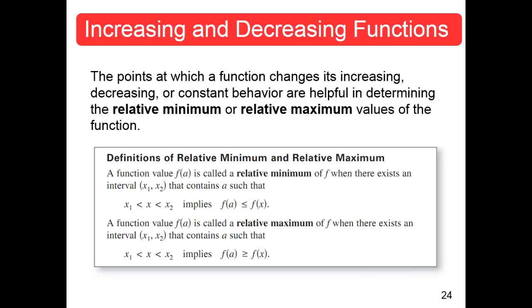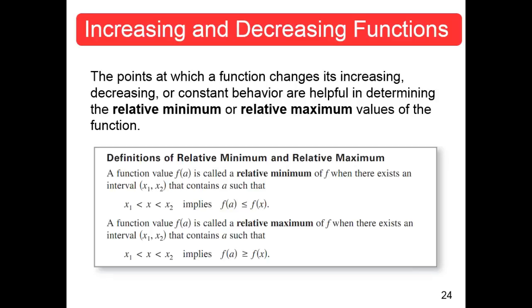So here's the definition. These are words here, but you can figure them out. A function value, f of a. That's the value of the function at x equals a. The function's value is f of a, whatever that is. That is a relative minimum of f when there exists some interval x1 to x2 that contains a.